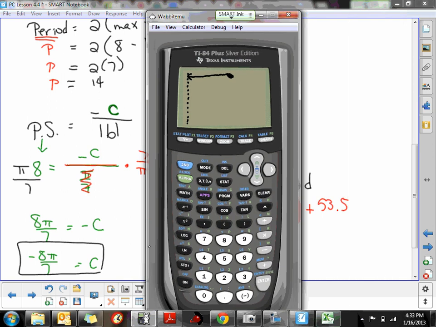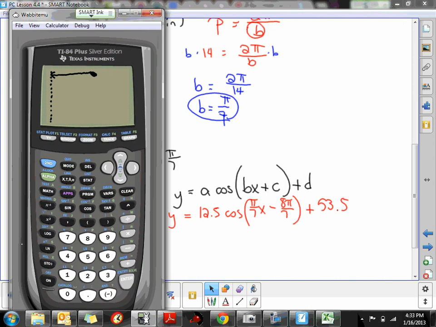So see if I can get that all over here, and we'll clean up that screen, and we'll try to plug it into the y equals. So we've got 12.5 cosine of, and I've got to go parentheses, pi sevenths x, so second, and where's my pi key?